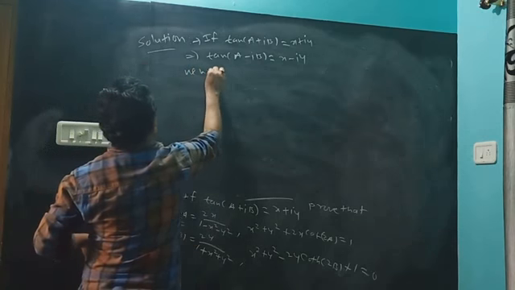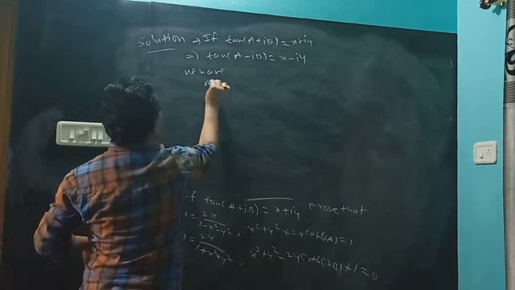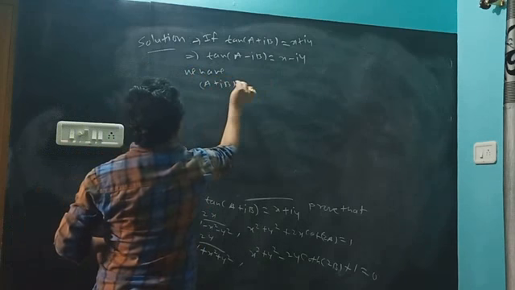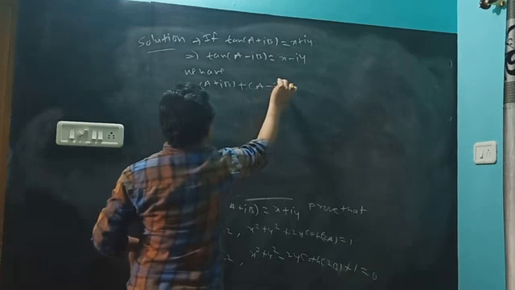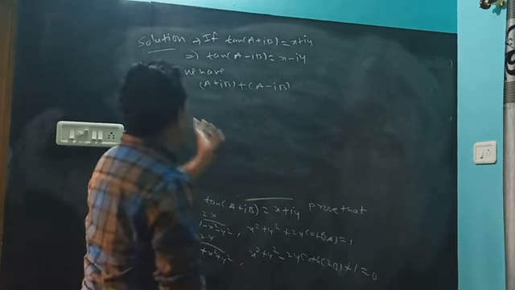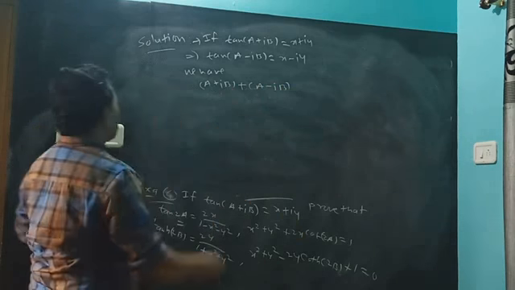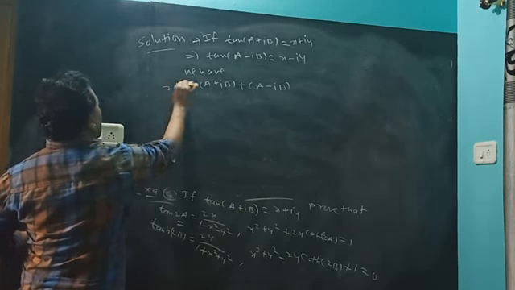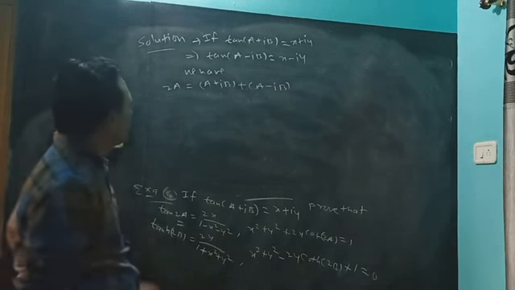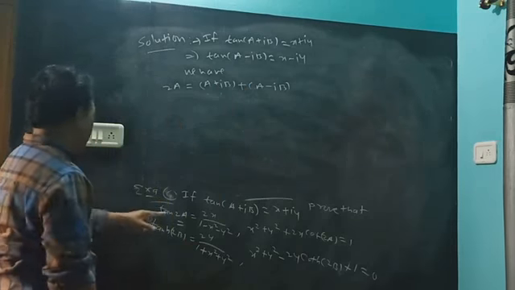Let me see 2a. So their addition: a plus ib plus a minus ib. If you add like this problem, iy cancels, a plus a is twice a. So twice a will be the sum, taking tan of it.